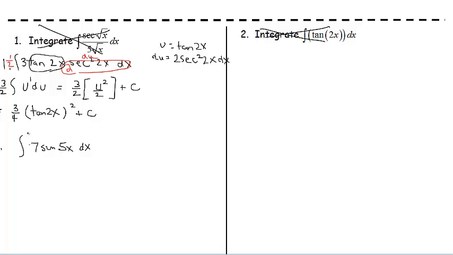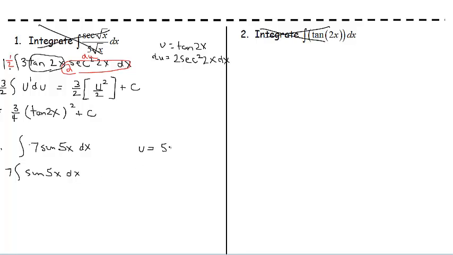Taking a look at this integral right here, I'm going to have to do a u substitution. u will be 5x. That derivative will be 5, not the 7 I have here. So probably what I'm going to do is pull out that 7 first, so I can concentrate on integrating sine of 5x dx.